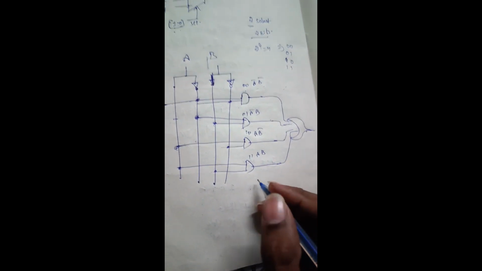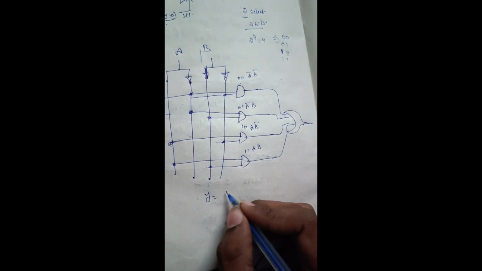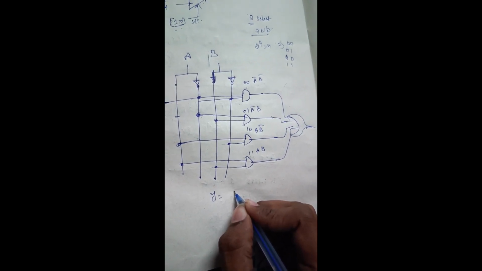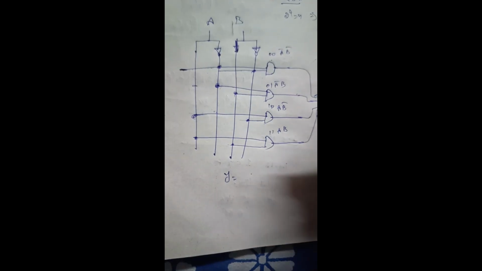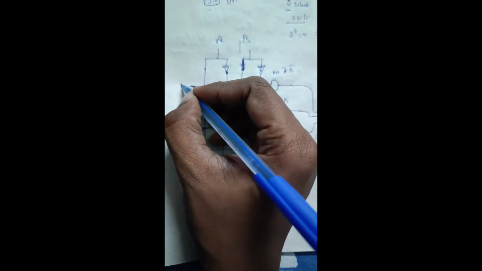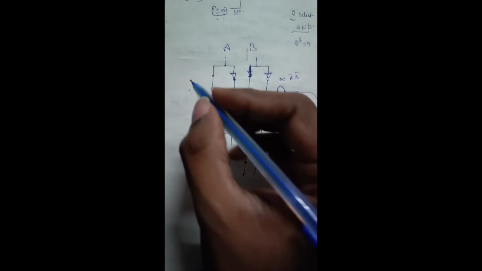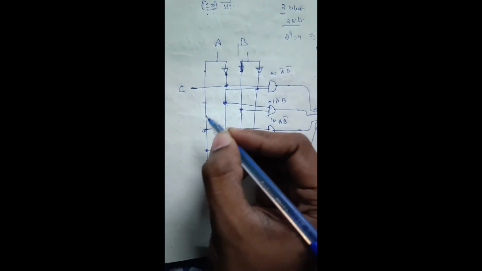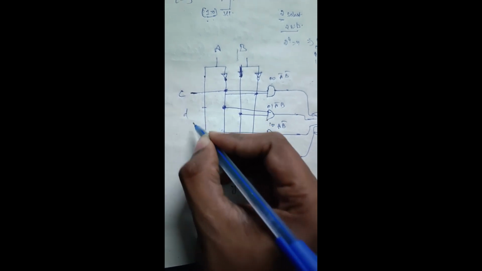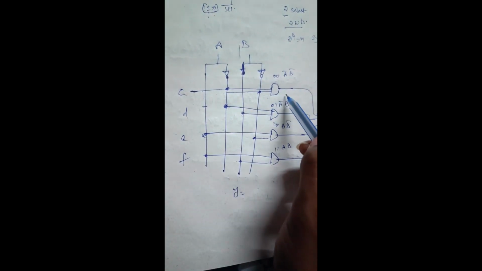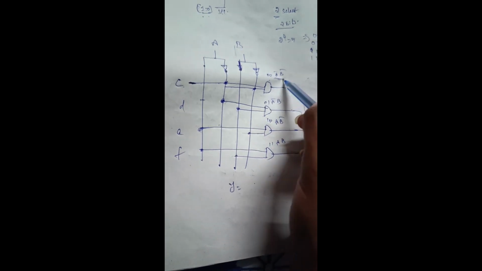And here the expression will be y is equal to, suppose the inputs are C, D, E, F. Then the C output will come when A bar and B bar are activated.